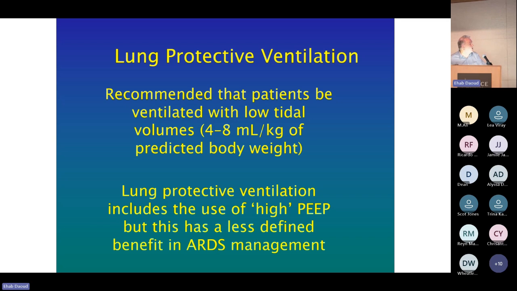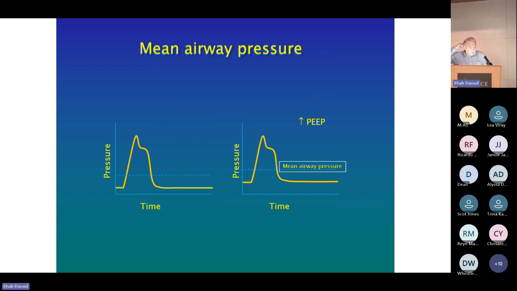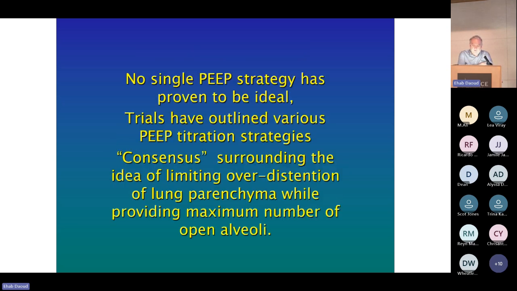So it's recommended that patients who are ventilated with low tidal volumes, and we all know this now, 4 to 8 mils per kilogram, receive PEEP. Now, the previous speaker spoke about PEEP at some length, and said he didn't know, although I'm sure he does know what it does. There's no single PEEP strategy that has proved to be ideal. Trials have tried various PEEP strategies.